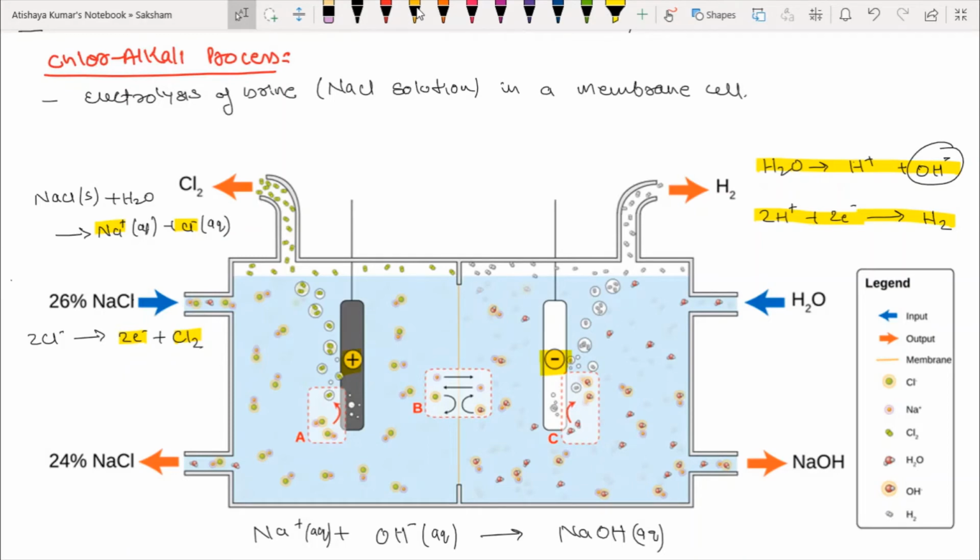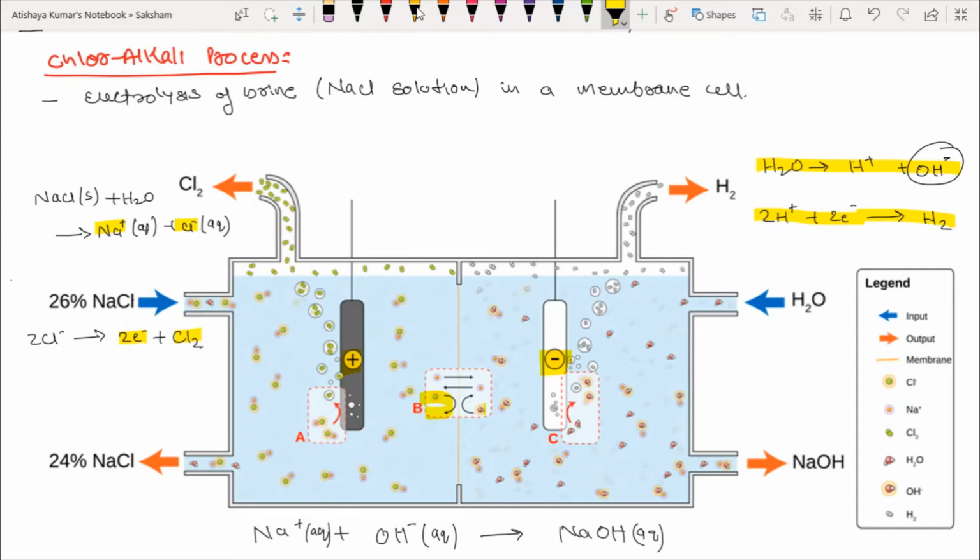In this chamber, it is to be noted that only the sodium ions produced in the first chamber can pass this semi-permeable membrane. It can either go from left to right or come from right to left, but no other ions can pass this membrane. For example, this Cl2 molecule, which is shown by a U-turn kind of arrow, cannot pass the membrane.